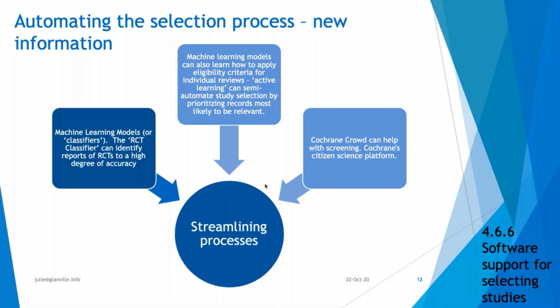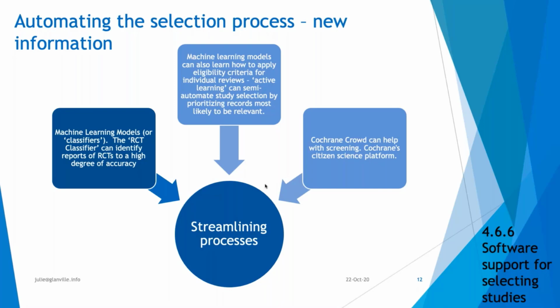So we want people to know that these tools are available and could well be explored within the context of your systematic review to see if they might help you with efficiencies.